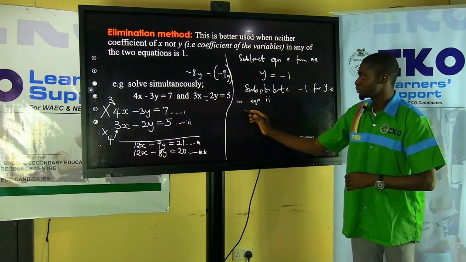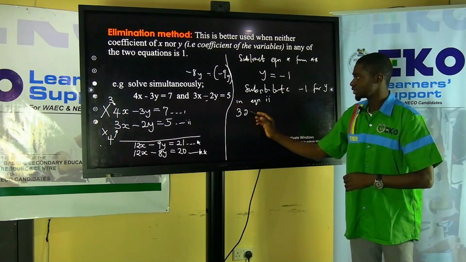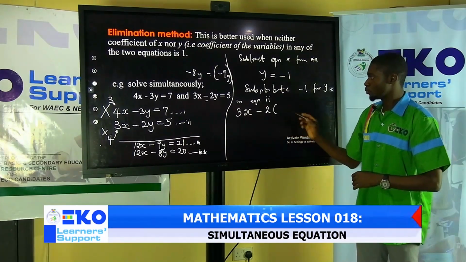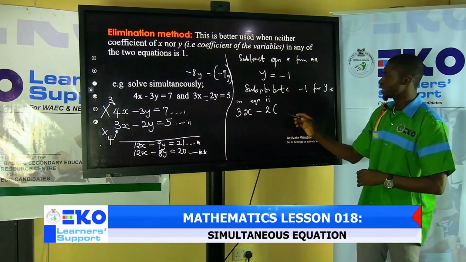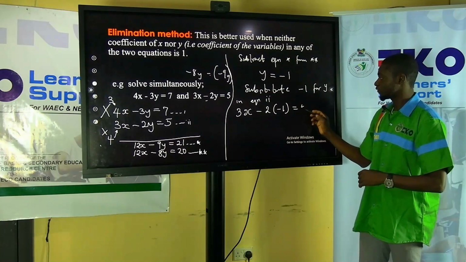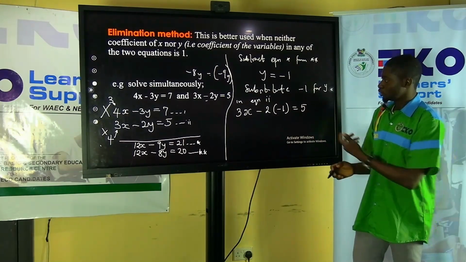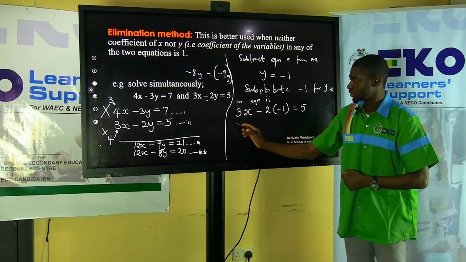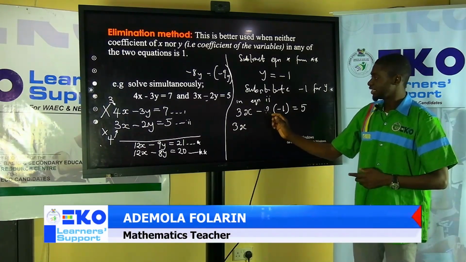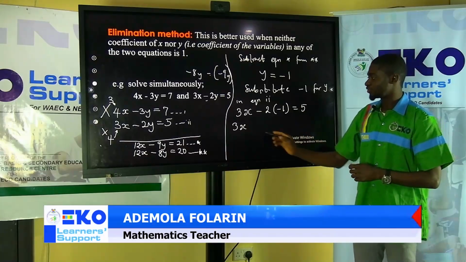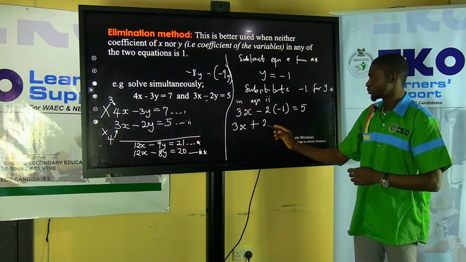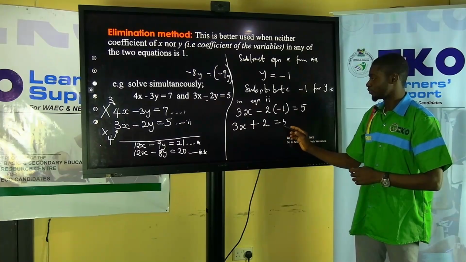It becomes 3x minus 2, open bracket, remember, our y is minus 1, close bracket, equals 5. So we can then say this becomes 3x. Don't forget, negative multiplied by negative gives us positive. 2 multiplied by 1, that's 2. Then equals 5.